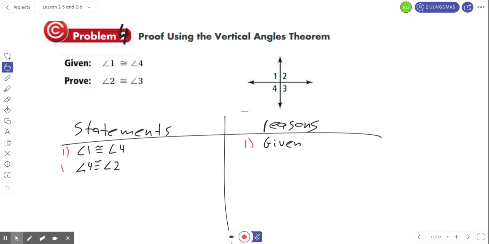So if you can just number like statement 1, reason 1, statement 2, reason 2, that will make everything really good. So the reason that I know angle 4 is congruent to angle 2 is because vertical angles are congruent. I'll even kind of shorten it down. Vertical angles are congruent.